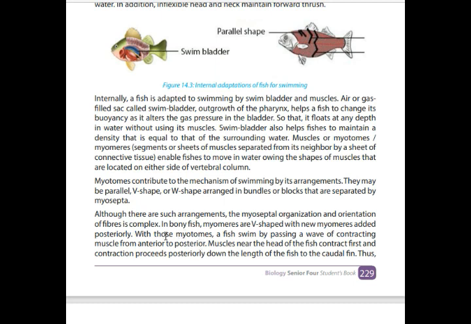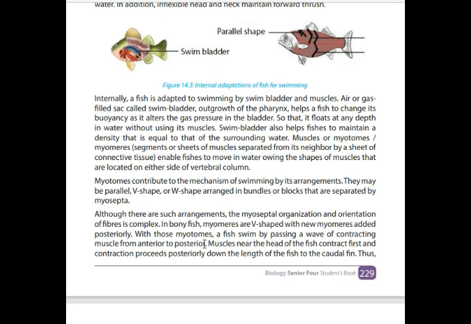Therefore, the fish can bend laterally, with contracting muscle fibers shortening by half their length while maintaining volume.